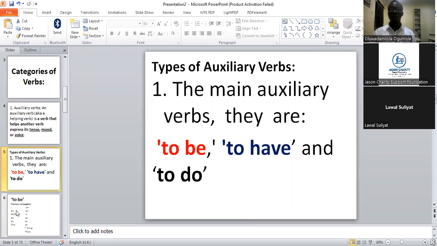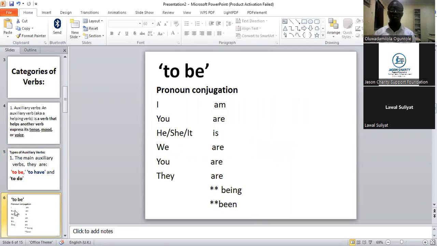Now, for us to know how to be is used in sentences, I have tried in a way to bring out pronouns, using them as conjugation to know how we exemplify to be in our sentences. Anytime you're using the first person singular I of the pronoun, the type of verb to be that you use with it is am.